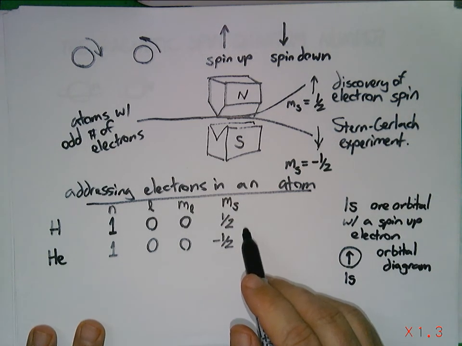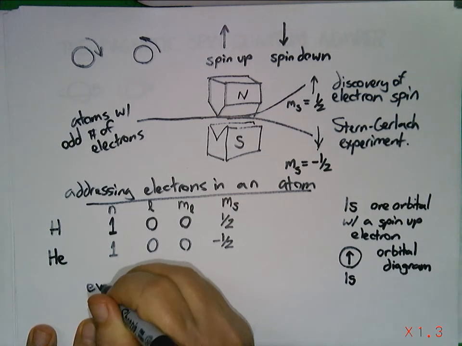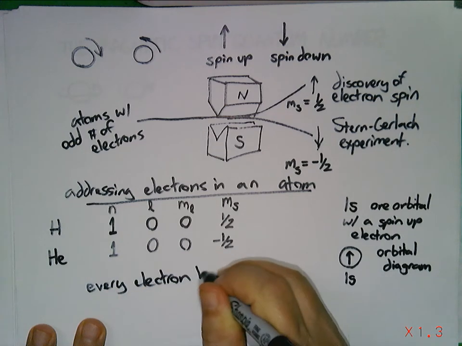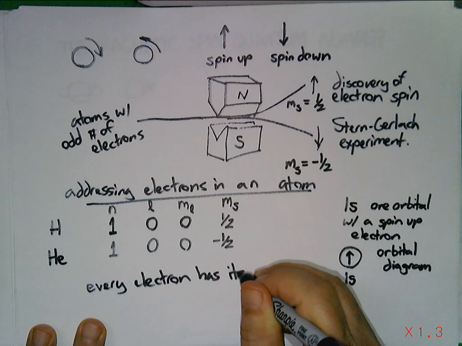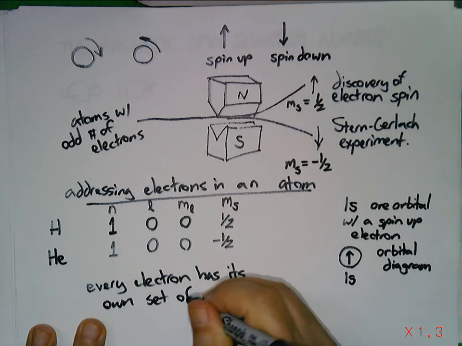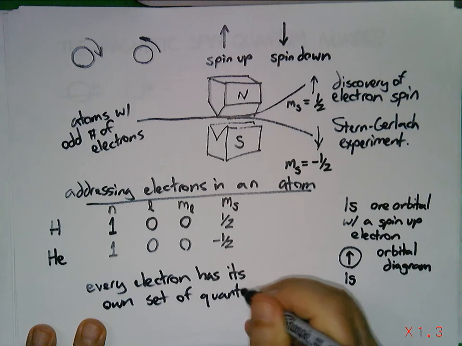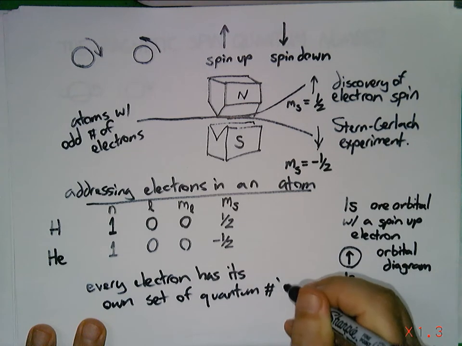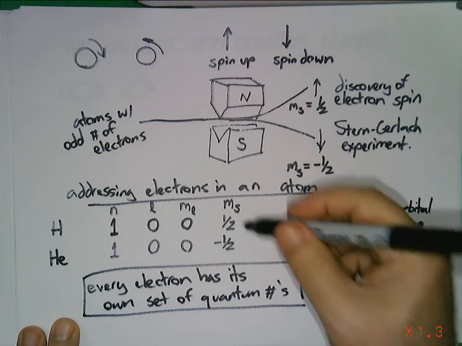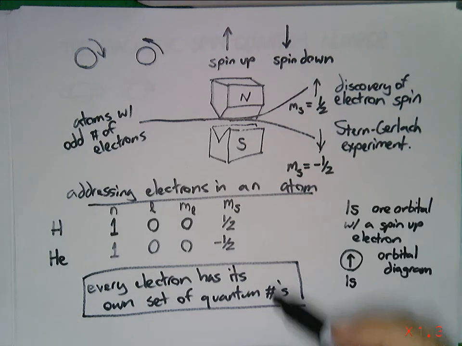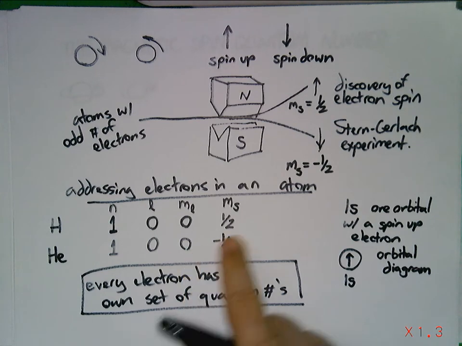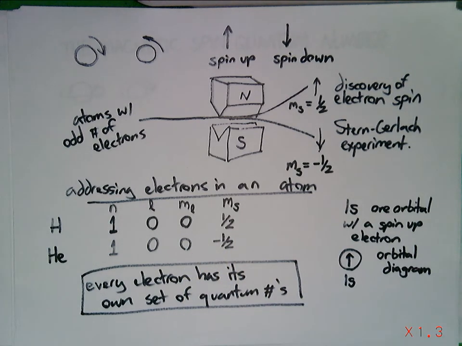That is a unique set of 4 quantum numbers. These 2 electrons have slightly different addresses. It's kind of like they're roommates. They're both in the same orbital. One spin up and one spin down.